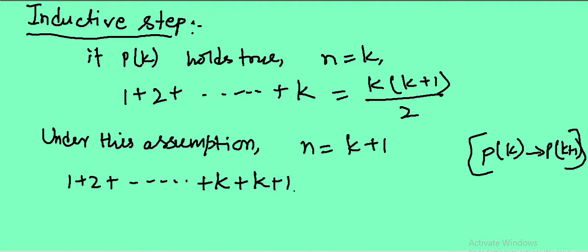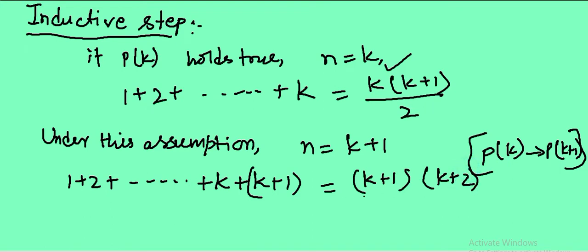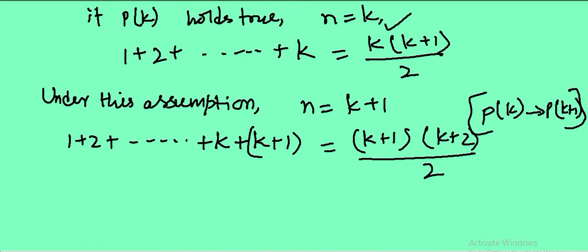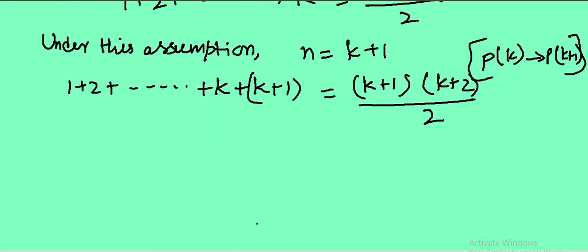Putting k plus 1 in place of k in this equation, it will be k plus 1 into k plus 1 plus 1, so k plus 2 by 2. So this is our equation.